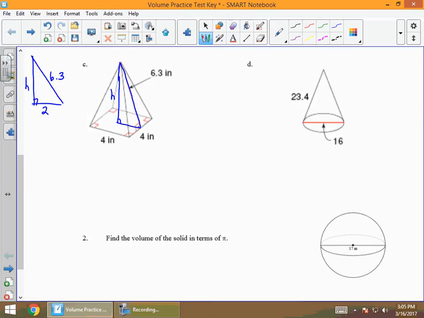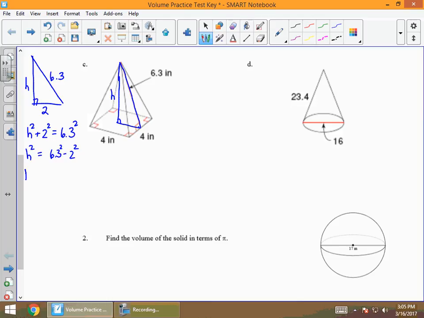So I'll do a squared plus b squared equals c squared. So that means h squared is, I don't know, whatever 6.3 squared minus 2 squared is.